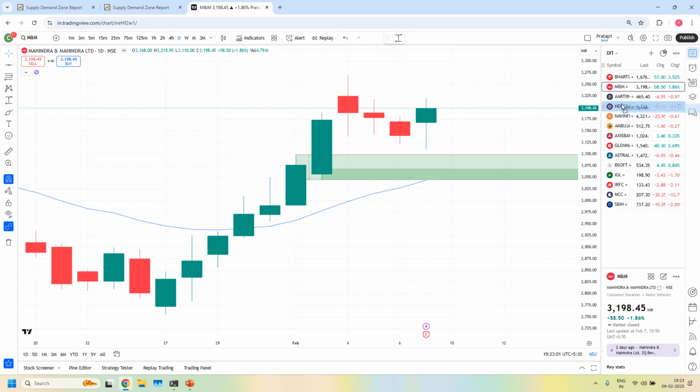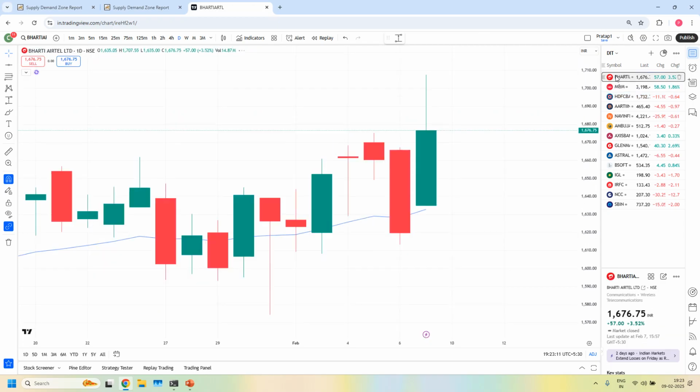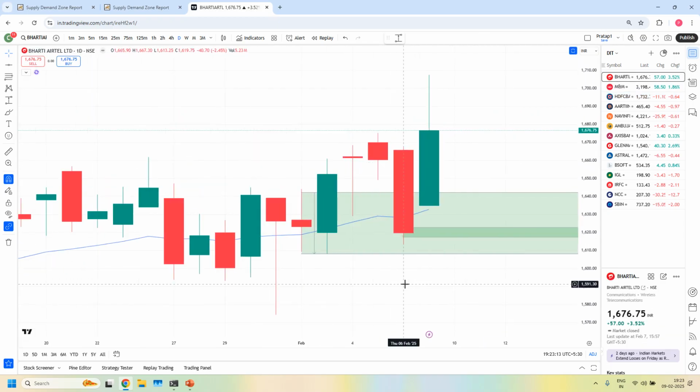Let me move HDFC further up. Now these 3 should have a daily EMA confluence. Let's verify in the daily time frame whether they have EMA confluence or not. See here, this is also having daily zone confluence. See, this 75 minute zone is almost the same as the daily, a small extra margin is added.